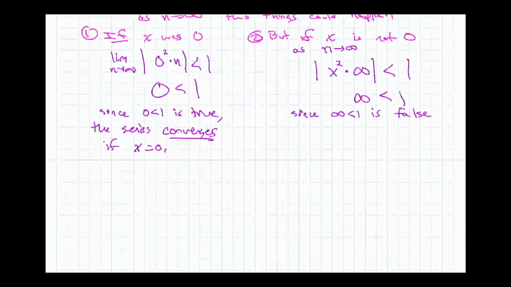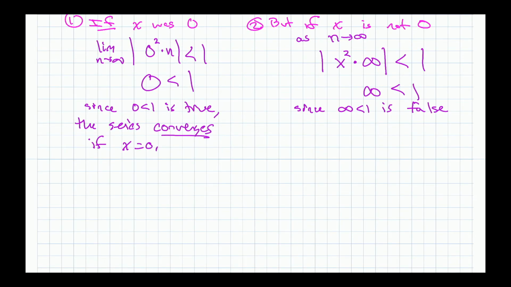So in this case, it was less than 1. If x is 0, then the limit is less than 1, so it converges. And over here we have, since infinity is less than 1 is false, the series is going to diverge if x is not 0.